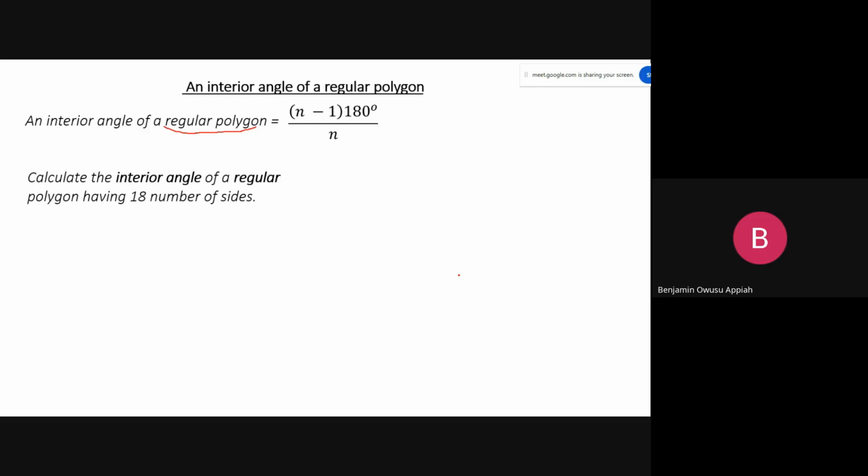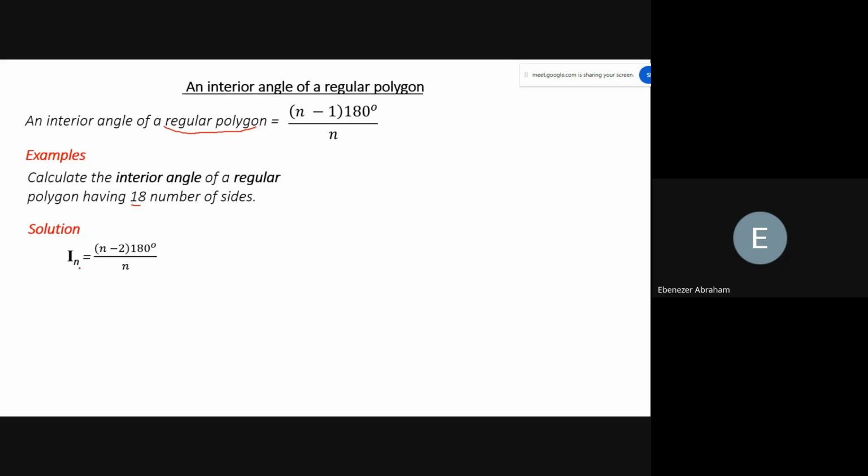Calculate the interior angle of a regular polygon having 18 sides. Yes, so here n is 18. So you only have to do your simple calculation. This is not any difficult mathematics. Once you have the formula on your fingertips, you quote it.